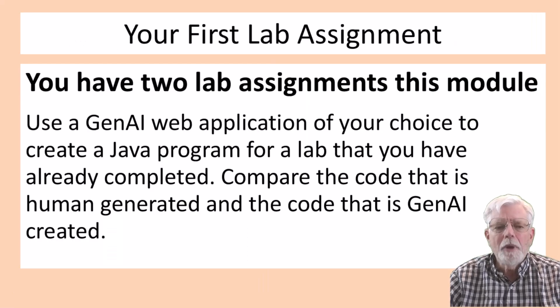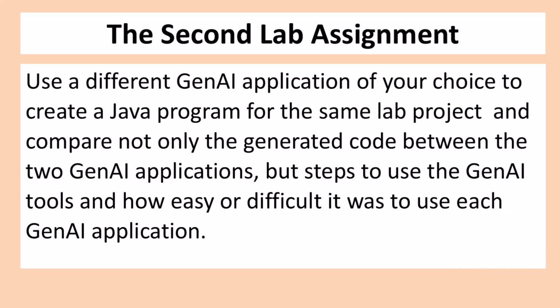You have 2 lab assignments this module. Use the GenAI web application of your choice to create a Java program for a lab that you have already completed. Compare the code that is human-generated and the code that is AI created. For the second lab, it is your job to compare 2 different GenAI tools.